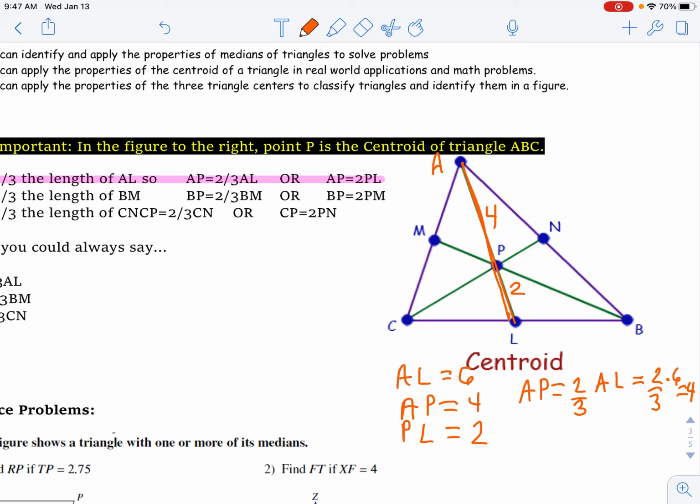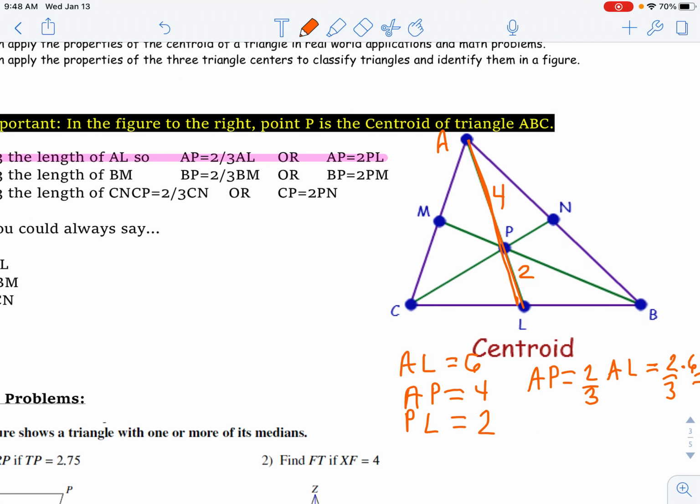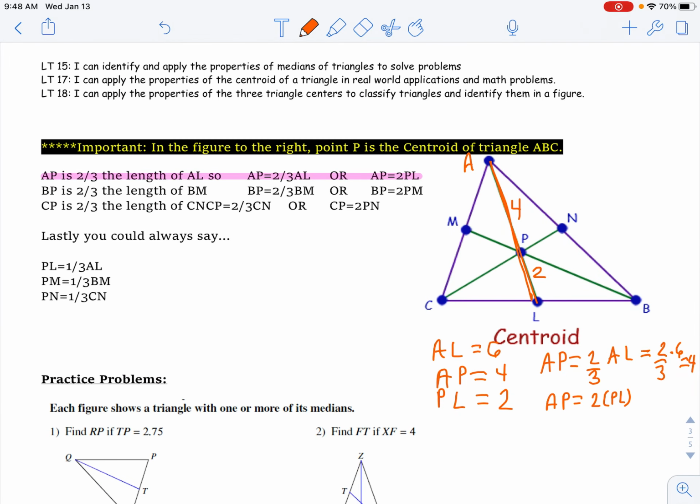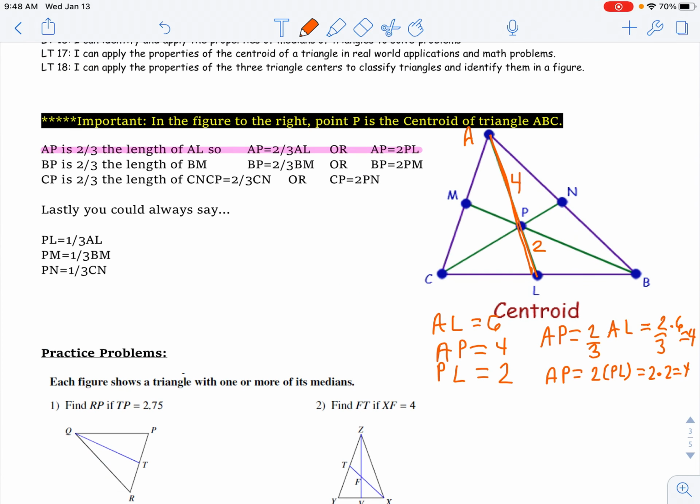You can also say that AP equals 2 times PL. All right, it's double the distance of the shorter side, which makes sense plugging in the numbers. PL was 2, AP is still 4. All right, so these are just some ratios, very intense, and we're going to go through these one by one. In fact, here's the last one.